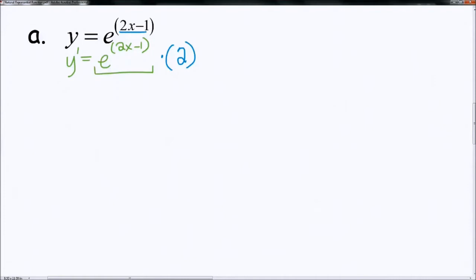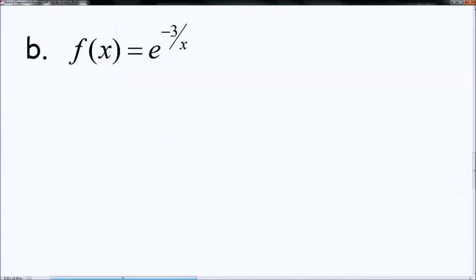Part B, f of x is equal to e to the negative 3 divided by x. I have a complicated exponent, so I'm going to fix this first. I have e to the negative 3, and I'm going to move my x to the numerator, but when I move it up, it's going to be x to the negative 1. So now we're ready to take our derivative.